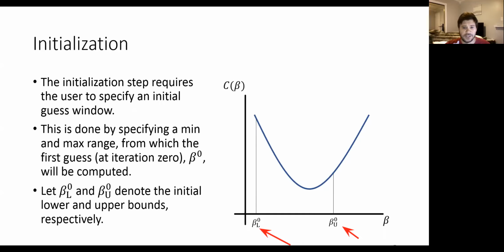For example, if we set beta U, the upper bound value, over here, then what would happen is we would wind up searching in a region along the x-axis only in between the lower bound and the upper bound. And we would actually miss out on the optimal value of beta, which occurs in the middle of this function, at the minimum. So first step here, we have to initialize.